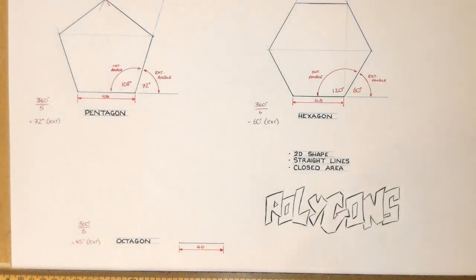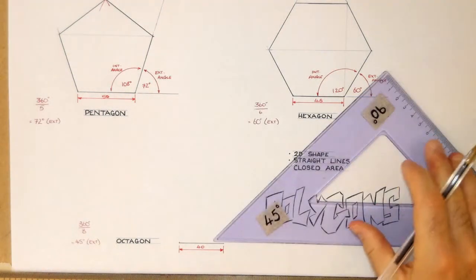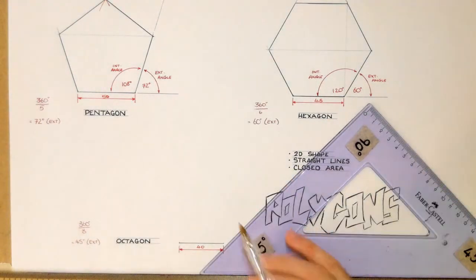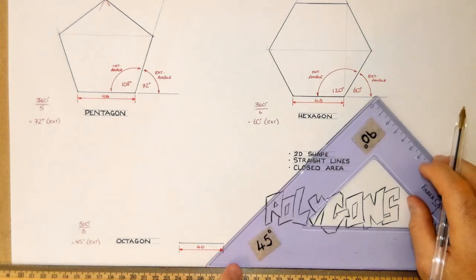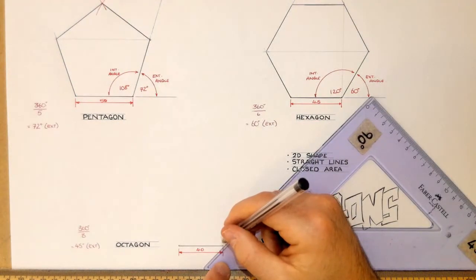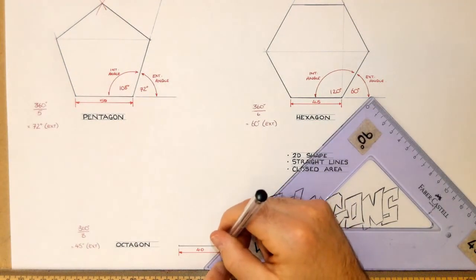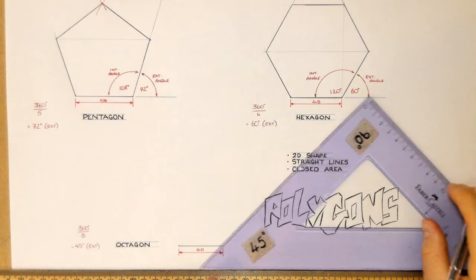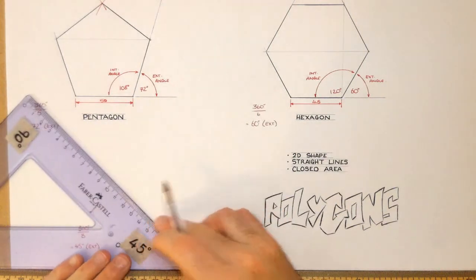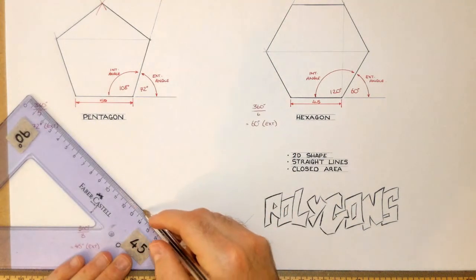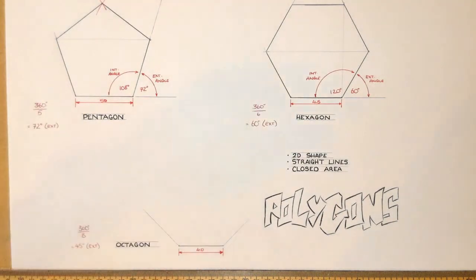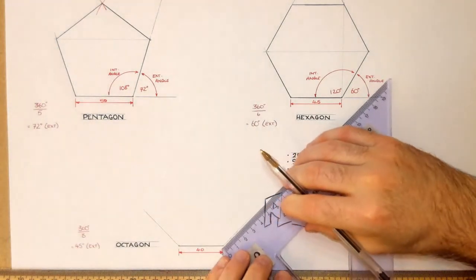So this time, kind of like the last time, we're going to use our set square, which is very helpful in this case. You could use a protractor, but obviously we've already got a 45 degree set square, so we're going to stick with that. Our exterior angle is from the corner, so I'm going to go at 45 degrees, lightly first, come to the opposite side, 45 degrees, lightly, and then I know the distance is 40 millimeters, so I'm going to measure out a distance of 40.